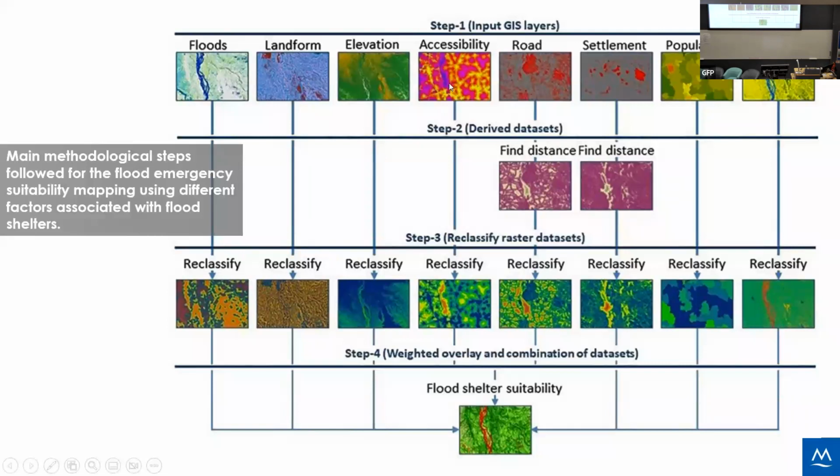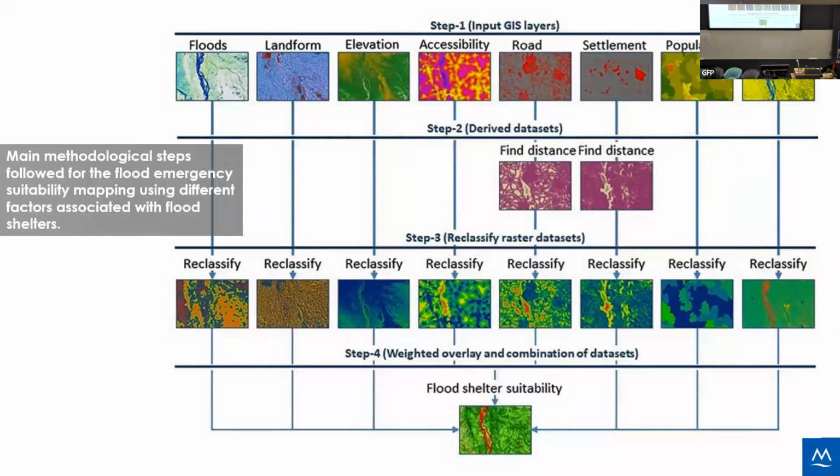Another important thing to consider is accessibility. For this study we used JRC accessibility data, to see where people can move easily. Besides that, we use the OpenStreetMap road layer for movement. Also the location of settlements, because if a flood shelter is close to a settlement, people can easily go to that shelter.